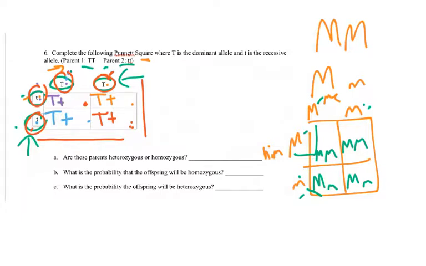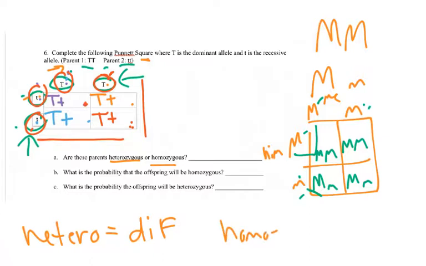So now the questions ask, are these parents heterozygous or homozygous? So let's remember, hetero means different. Homo means same. So both parents, 2 lowercase t's, 2 uppercase t's.